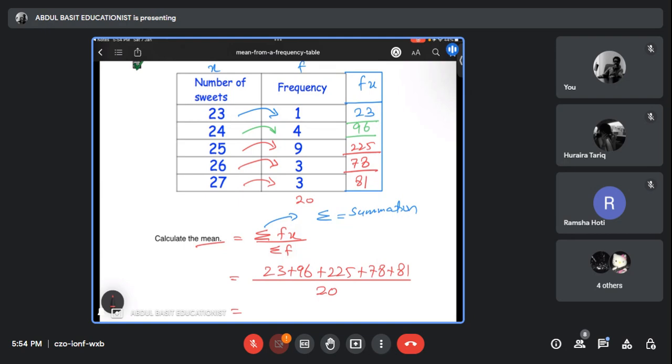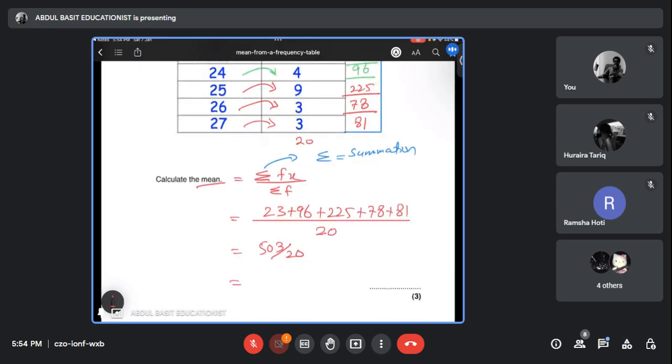So it's 503 divided by 20. So 25.15 sweets is the mean of this data.